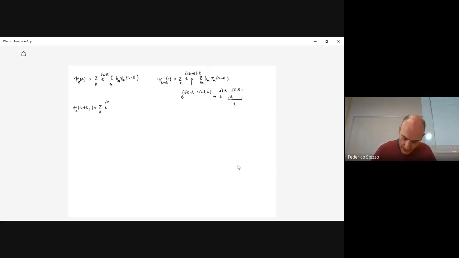Then I have the phase, and then the summation over m, b of m, phi of m, r plus R1 minus capital R. At this point, if we just rename R1 minus R as minus R second, then this is equal to summation.